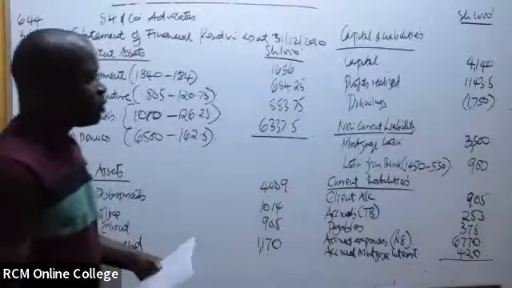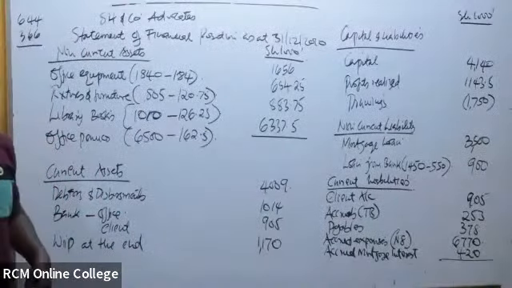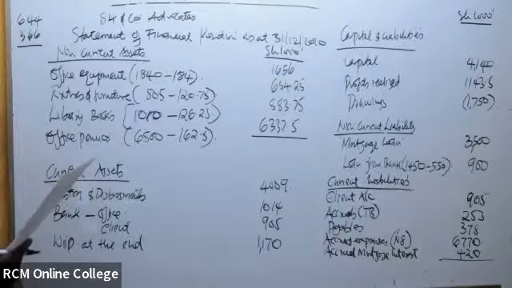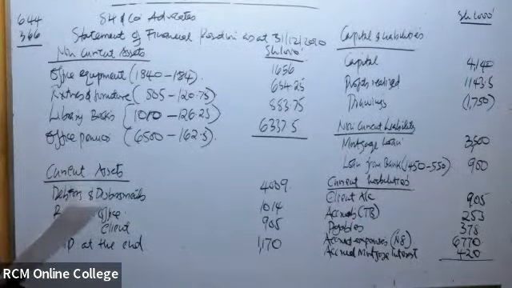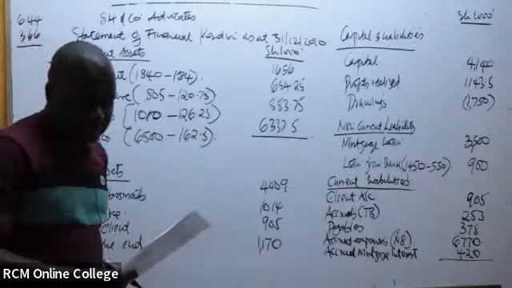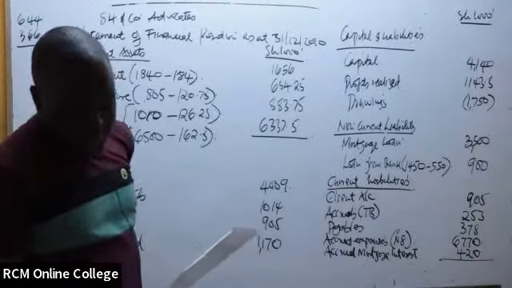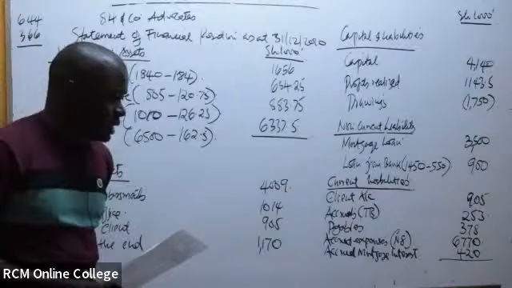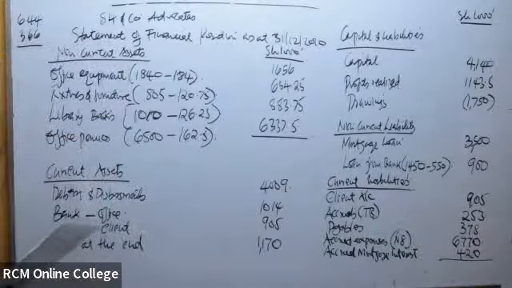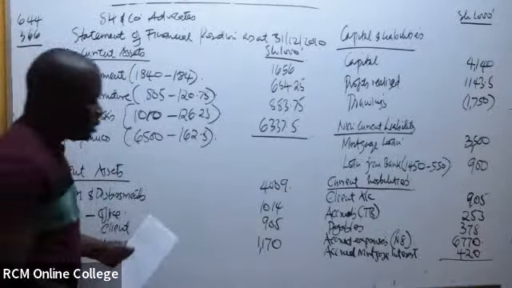And of course, those are the current liabilities. We haven't been told whether it was settled, so it means it was outstanding. It is yet to be paid.